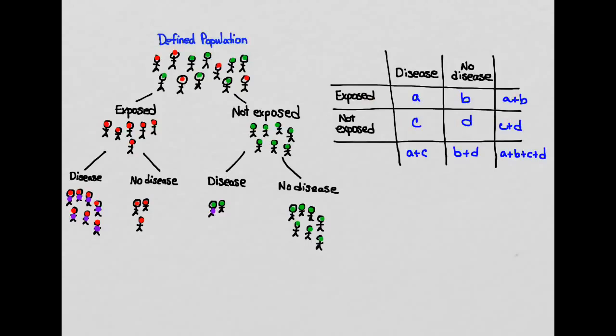So remember this table, because this is how you're going to calculate various measures, as you've already learned. But this breakdown over here is what happens in a cross-sectional study. And so the data from a cross-sectional study go here, and as we remember, prevalence can be calculated from this table.